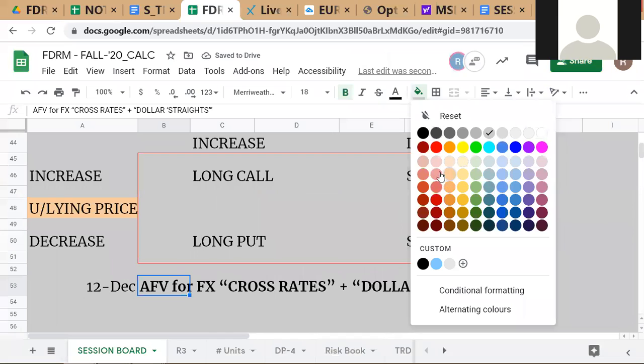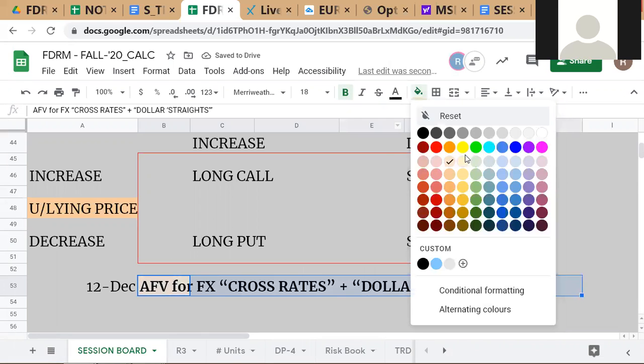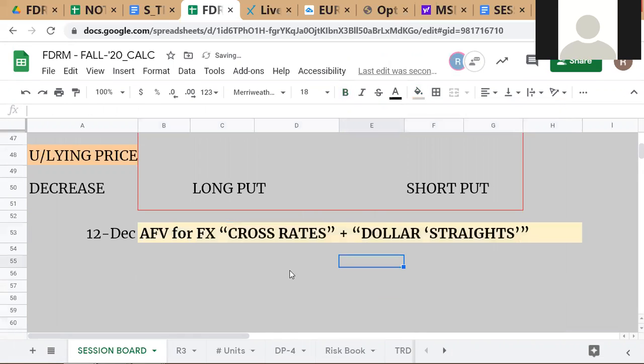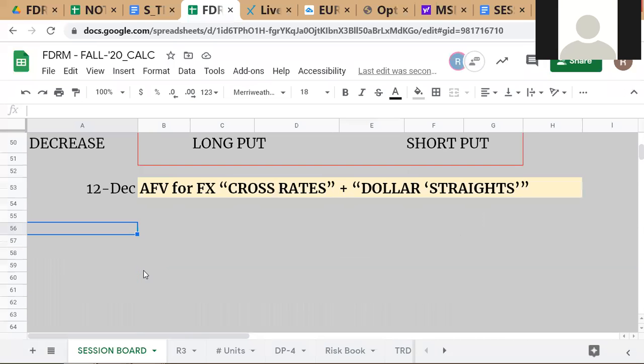Give it a nice color. Right, okay. So let's look at a situation where we can write stuff here as well. Why waste the space?